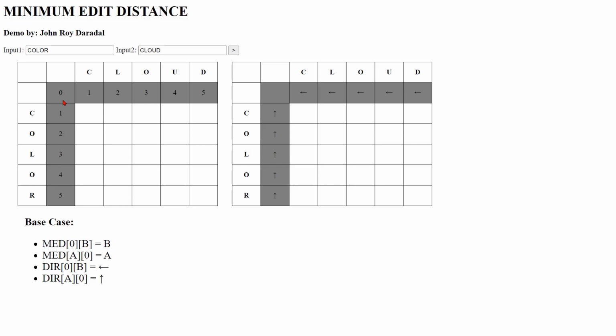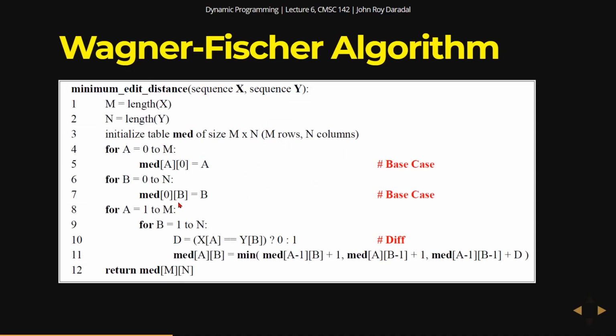So 0, 1, or no, this is 1, 0, 2, 0, 3, 0, 4, 0. So it's equal to the base case. Okay? And then this one as well. And then after that, we will go through the table per row, and then from left to right. So for A from 1 to M, for B from 1 to N, we will just get the MED of AB.